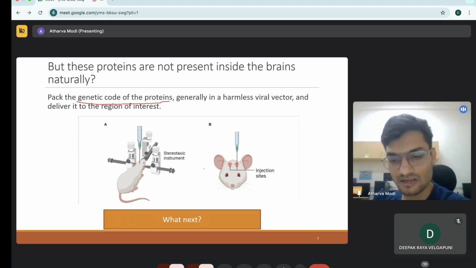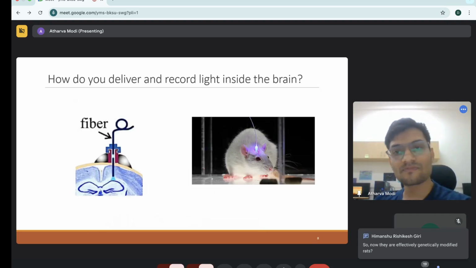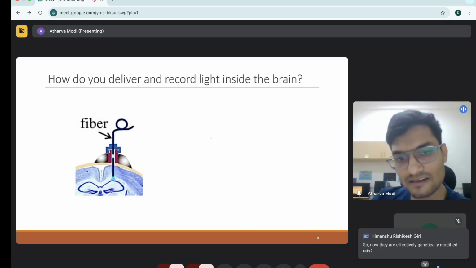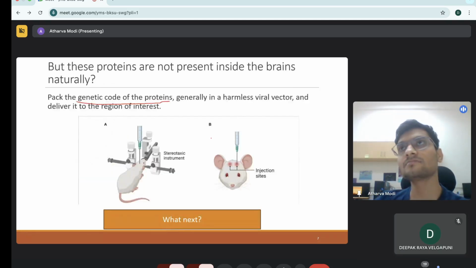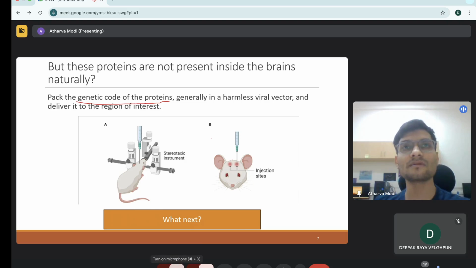So you need a measurement device for the sensor. So now they are effectively genetically modified rats. Yes, but not all cells of them are genetically modified.